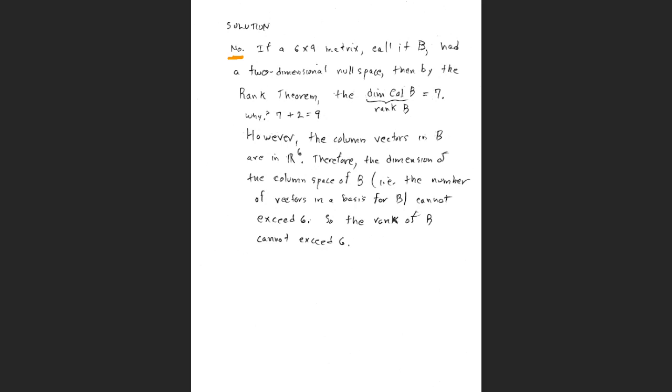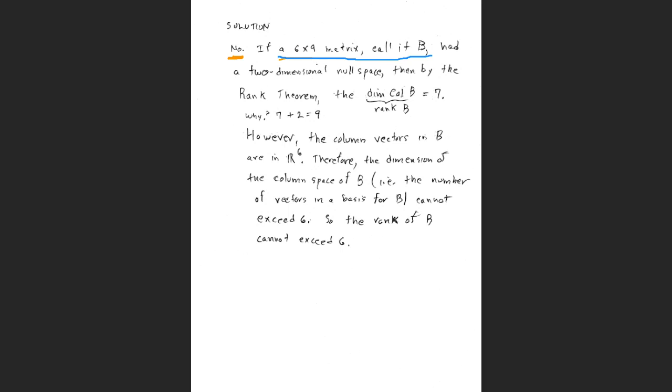Okay, so let's take a look at what we have. Let's say you had a 6 by 9 matrix, and for all intents and purposes, I'm going to call it matrix B. I'm used to calling my matrix matrix A, but matrix B would be like matrix A in echelon form or reduced echelon form.